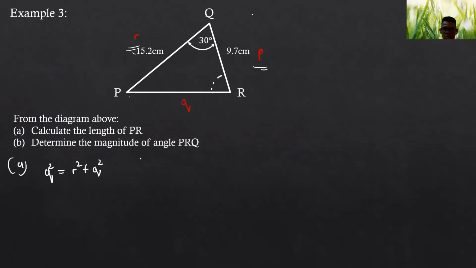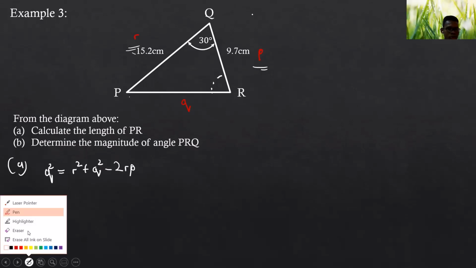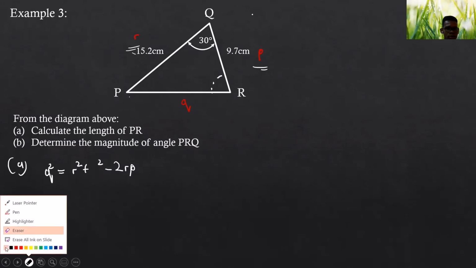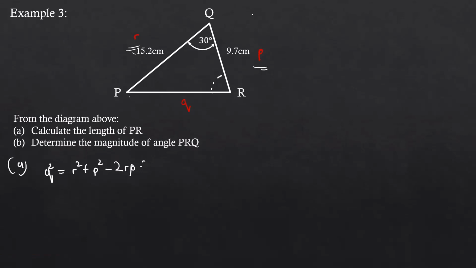Rihanna, continue the formula for me. Minus 2rp. Yes, it's p, I'm writing q. Yeah, continue. Cos, open bracket, angle Q, the capital Q, close. Wonderful.